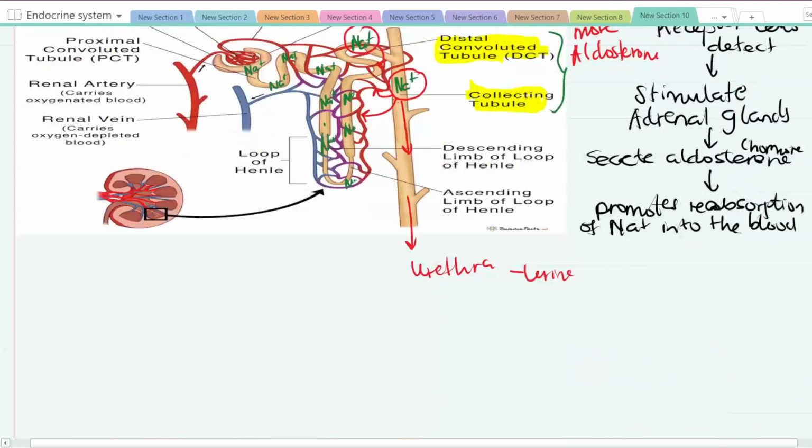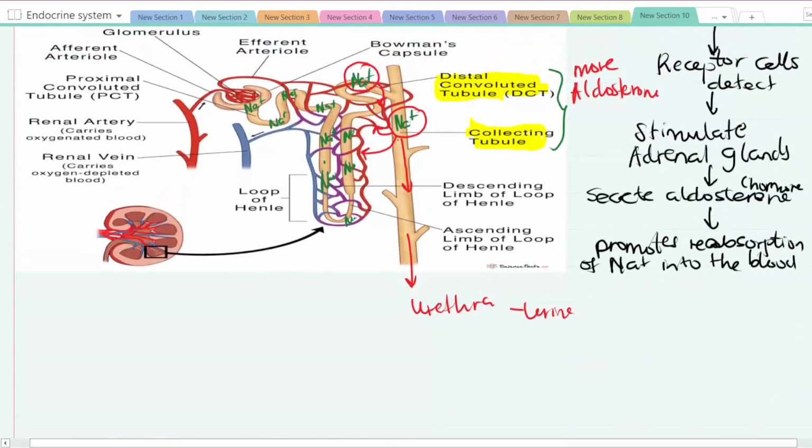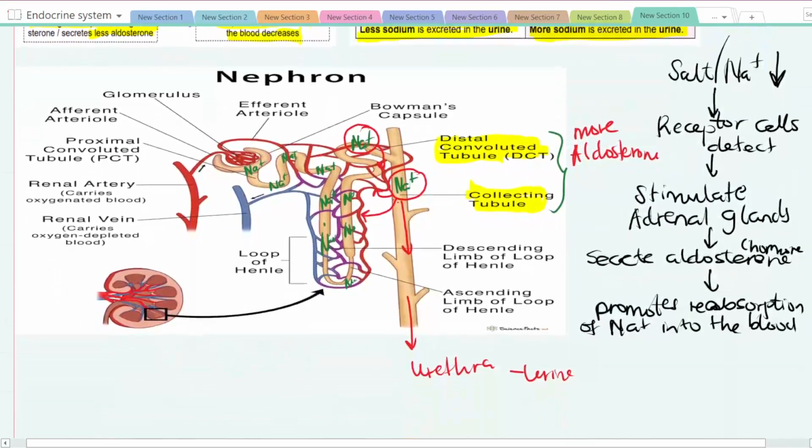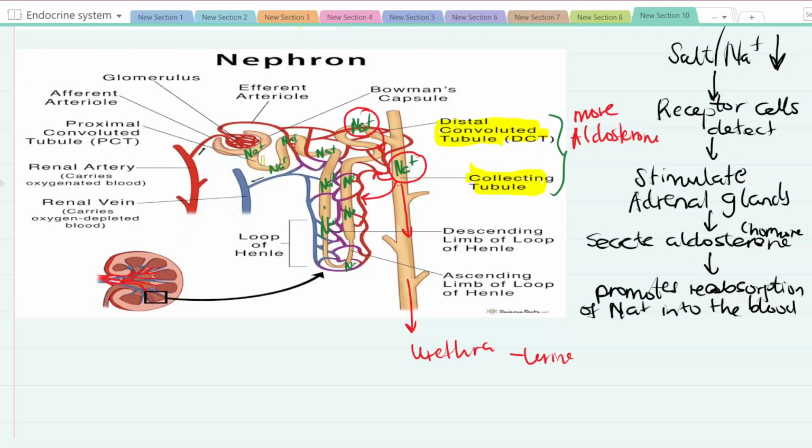So going back to our diagram right here, here again you have your filtration taking place.